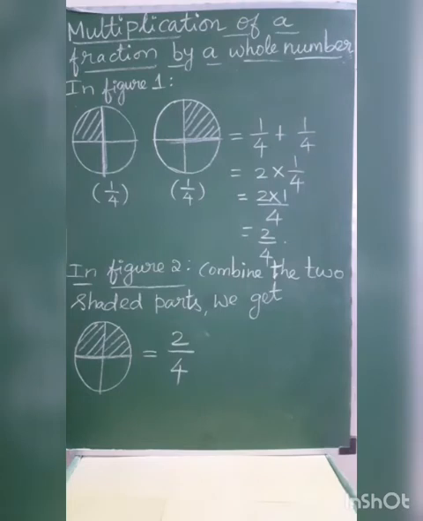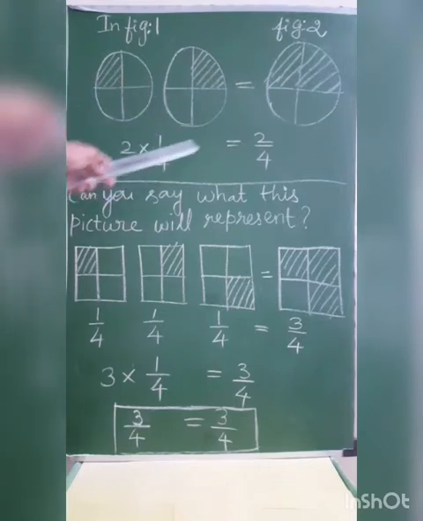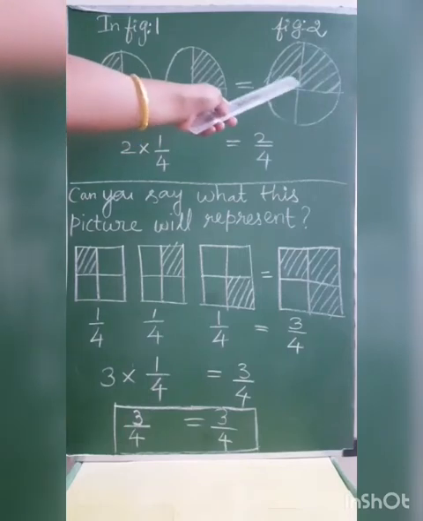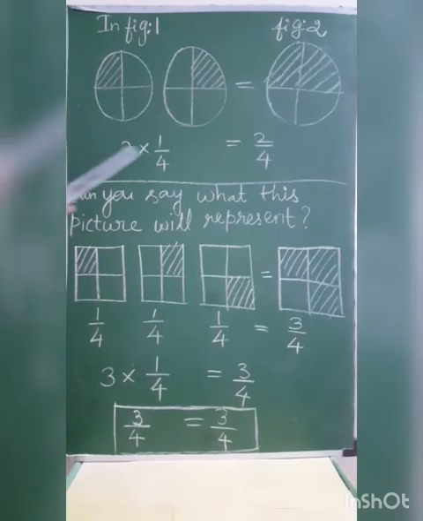In figure 2 there are 4 parts and only 2 parts are shaded, so 2 by 4. So both the answers are the same.